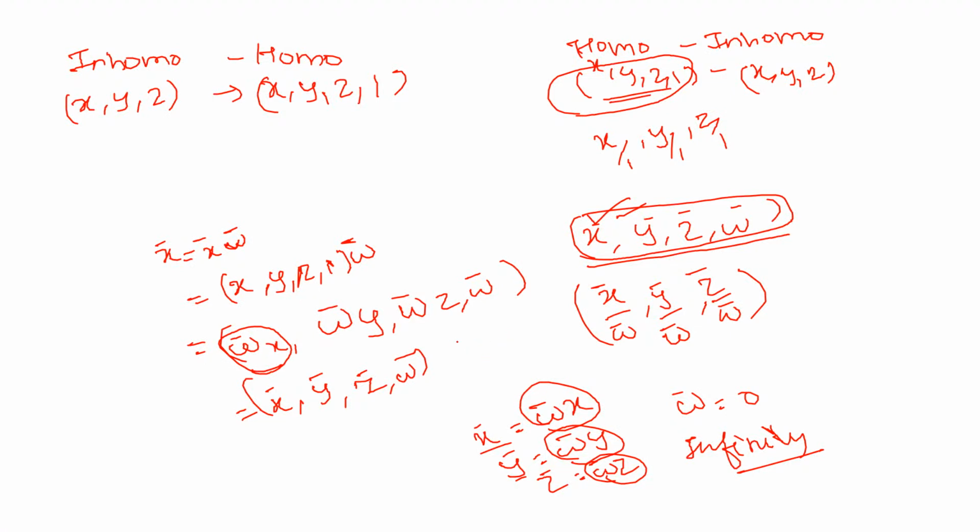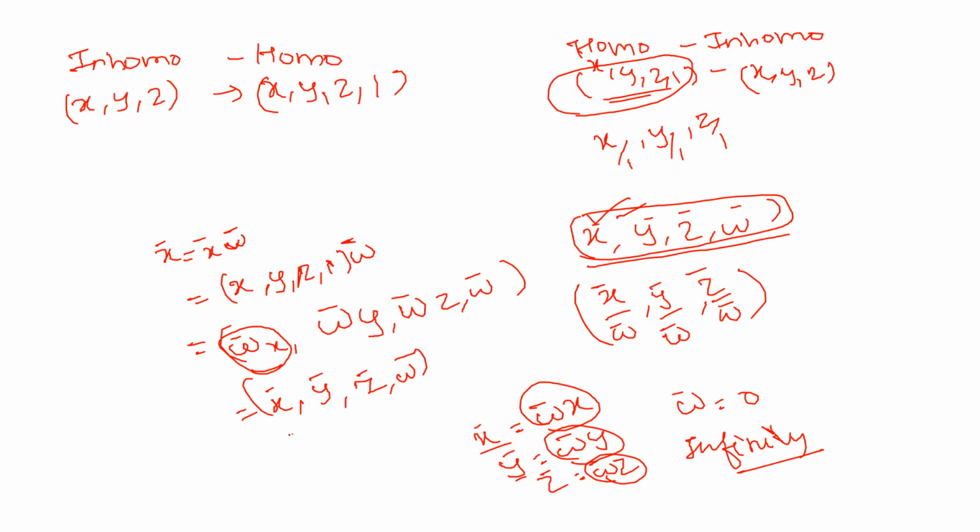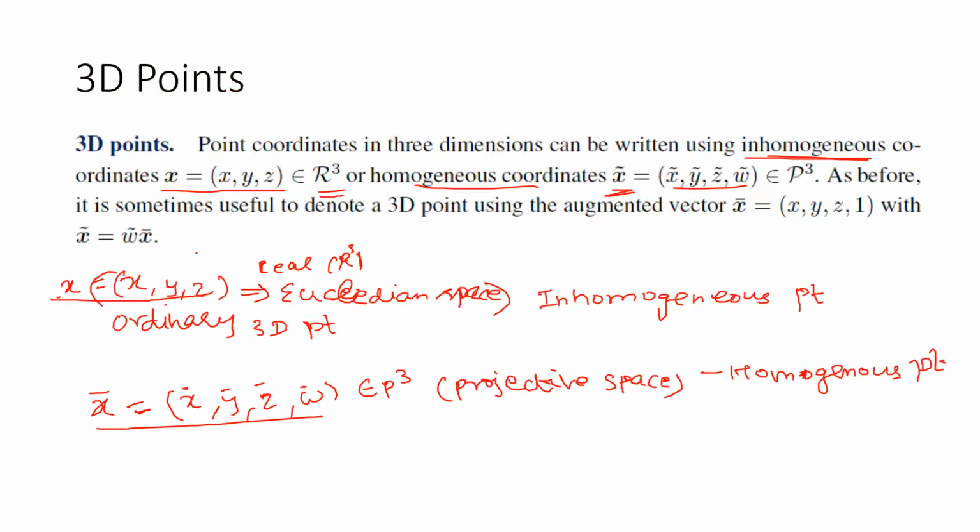That is what was given in the previous slide. X equal to x, y, z, the ordinary inhomogeneous point, represents real space. We can convert it to homogeneous coordinates as x bar, y bar, z bar, w bar, which is the projective space.